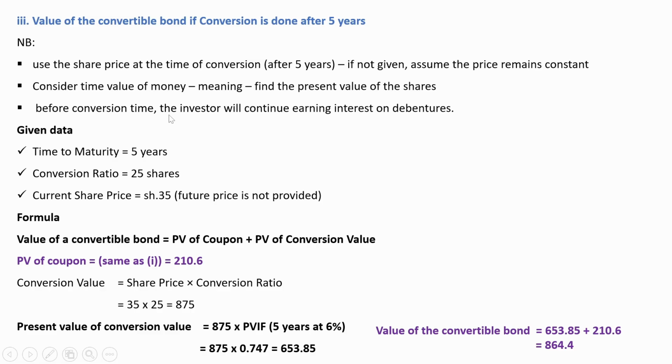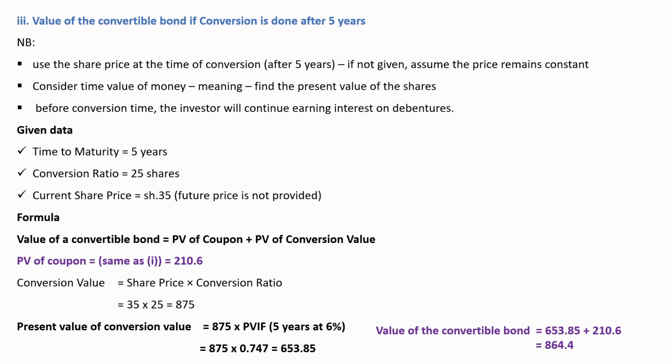Before conversion time, the investor will continue earning interest on debentures. So this is a reminder of the given data, what we are given in the question. The time to maturity 5 years, conversion ratio 25 shares, current share price 35. So the future price is not provided, we are going to use the same price, which is the current price.